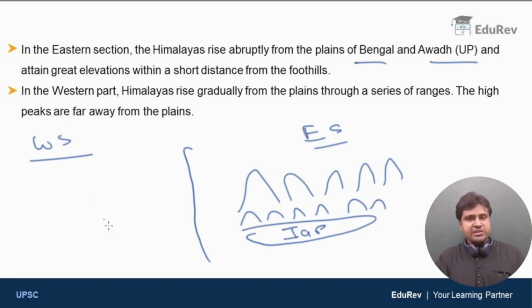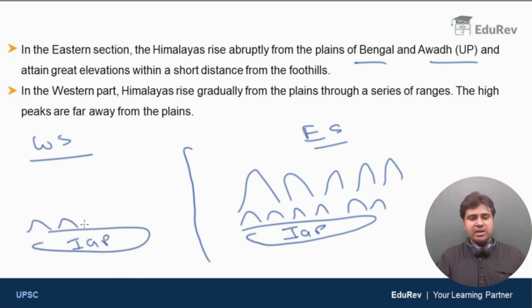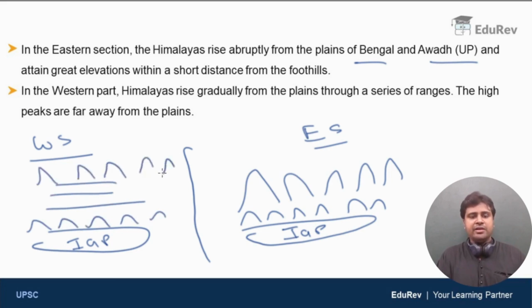But when you come to the western section, again you have the Indo-Gangetic plain, and then you have Shivaliks, and after some distance you find the high peaks. So in the western section, high peaks are not close to the plain, but in the eastern section, the high peaks or the high mountains are close to the plain.